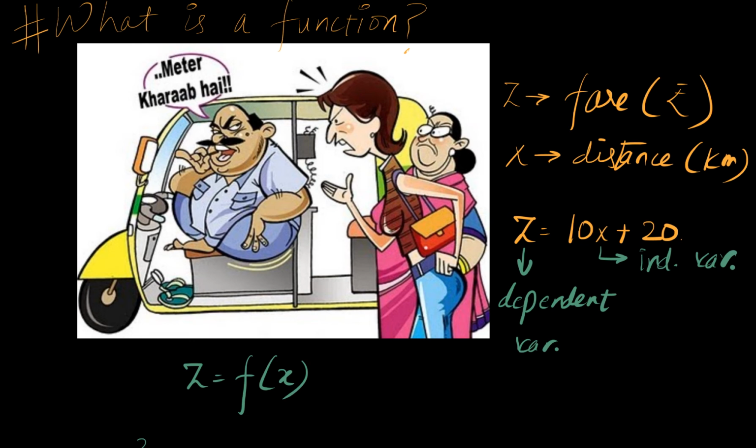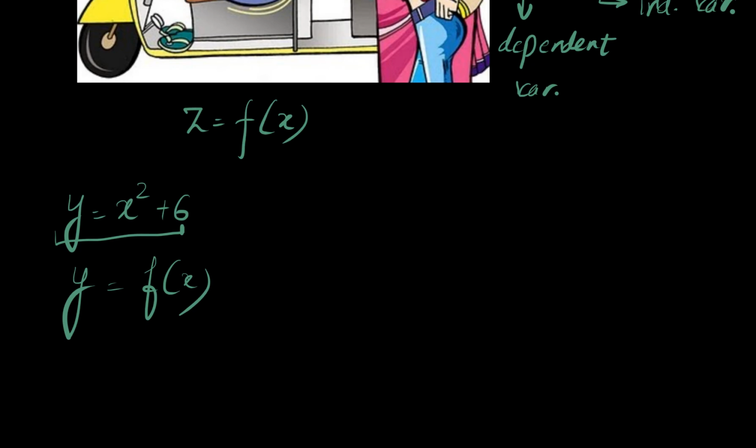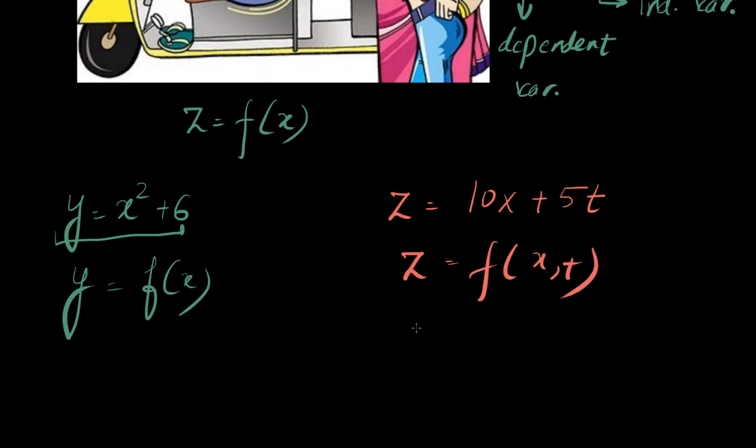As an example, suppose the auto wala tells the lady that the fare Z will be 10 times the distance traveled in kilometers plus 5 times the time spent in minutes. So this is a function of two variables, that is x as well as t. So there can be different functions which depend upon one or more variables.